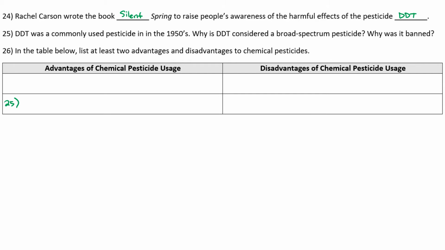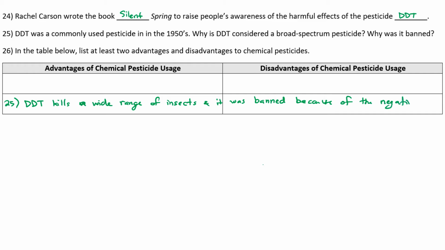So, 25. DDT kills a wide range of insects, and it was banned because of the negative environmental impacts it had on the bird and shellfish population.